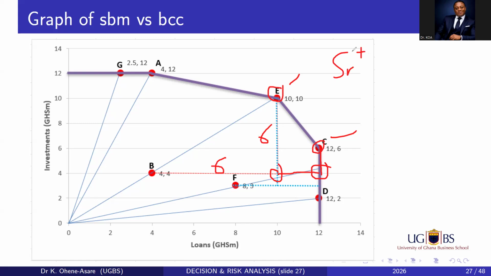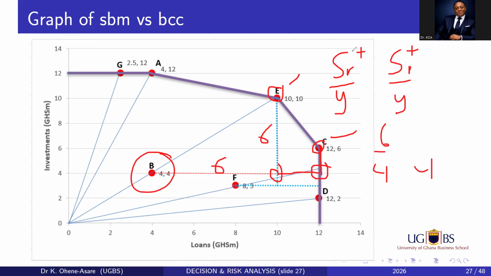That SR plus, they are going to be 2 for the output. So each one will have its what? Y. Then the other one, the second SR plus, that one too will also have its Y. So the actual Y are here. That is 4 and then 4. Then you have 6 here, and then you have another 6 there.